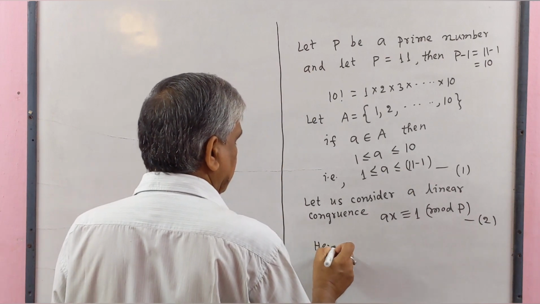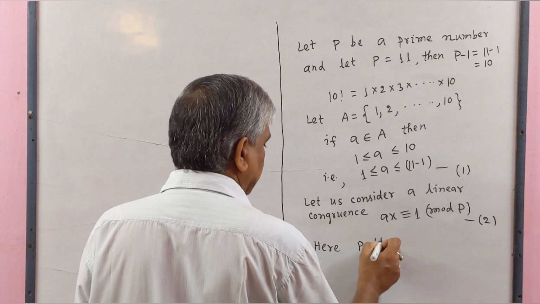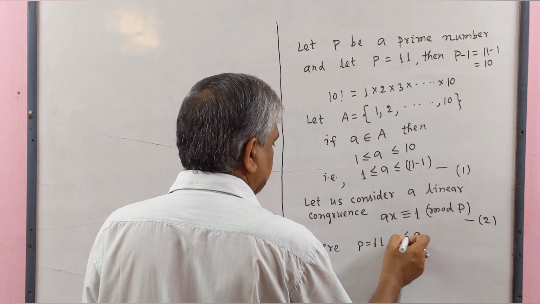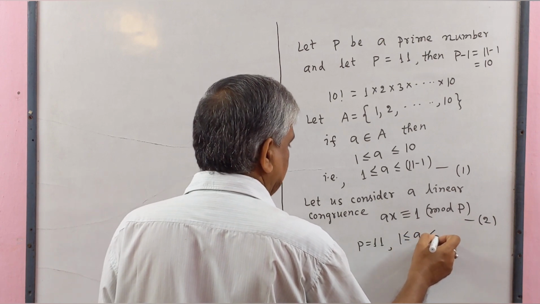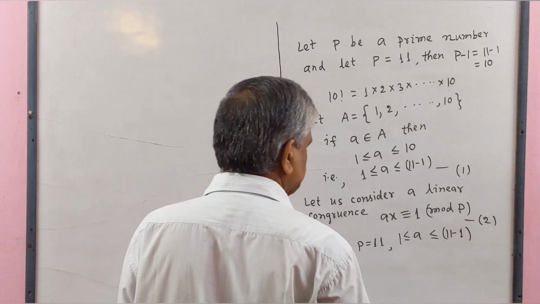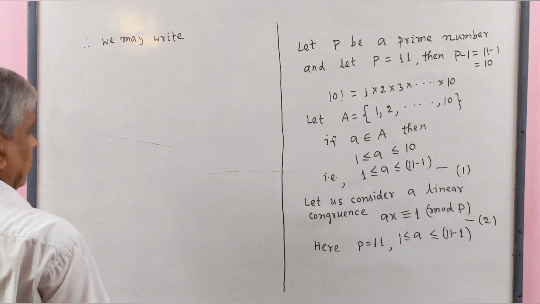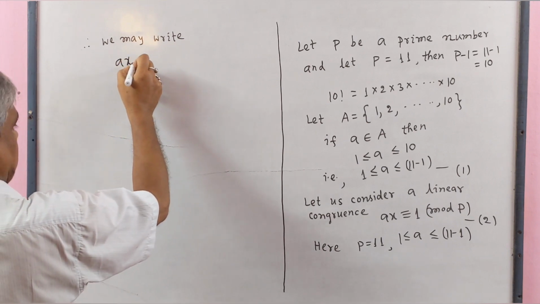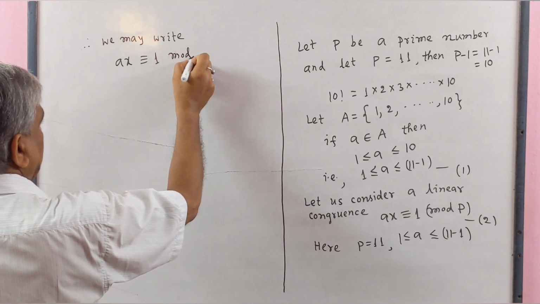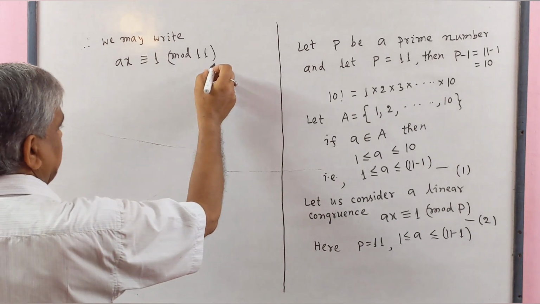Here P equal to 11, and a is greater than or equal to 1 and less than or equal to 11 minus 1. Therefore, we may write ax congruent to 1 modulo 11. This is number 3.